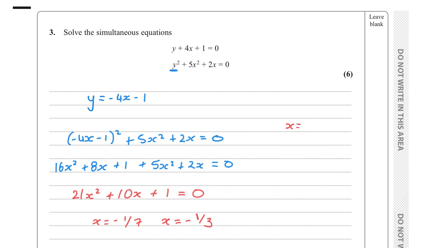So when x equals negative a seventh, y equals minus 4 lots of negative 1 over 7 minus 1, which is negative 3 over 7. And then when x equals negative a third, y equals negative 4 lots of a third minus 1, so y equals negative 1 over 3.